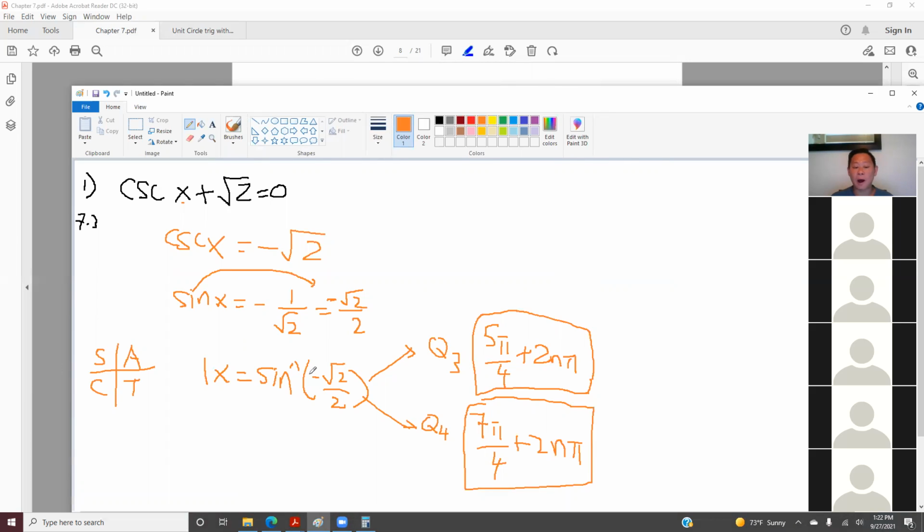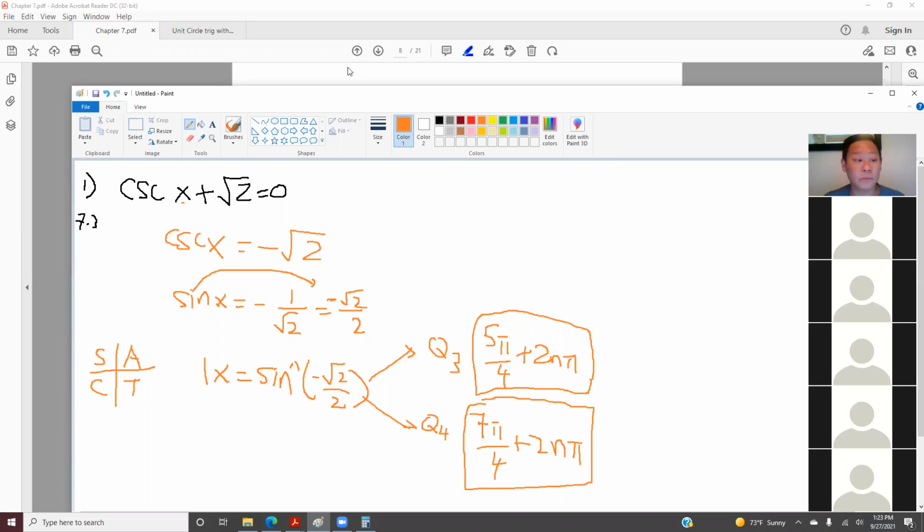If it's positive, you will have 2 quadrants. If it's negative, you have the other 2 quadrants. And then if it's infinite, you have to add 2n pi. But if it's just 0 to 2 pi, your answer is just 5 pi over 4 and 7 pi over 4. So those are the 2 types of answers that we have here. So this is how we do this kind of solving equations.